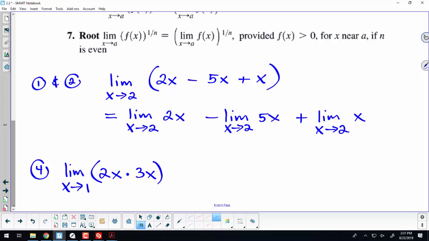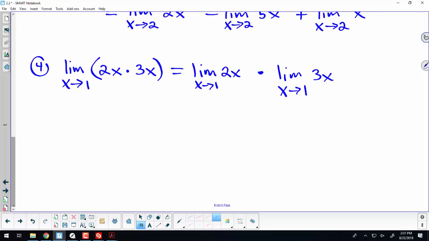Again, more than likely we would just multiply that out, but so we can say that's the limit as x approaches 1 of 2x times the limit as x approaches 1 of 3x.